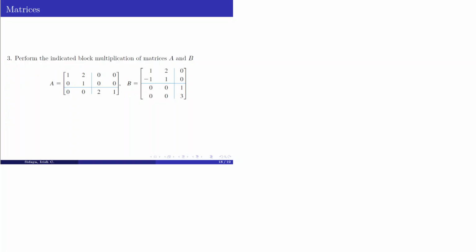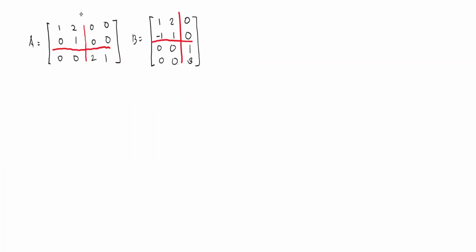Perform the indicated block multiplication of matrices A and B. Let's say we name these blocks A11, A12, A21, A22, and the blocks of the second matrix B11, B12, B21, and B22.